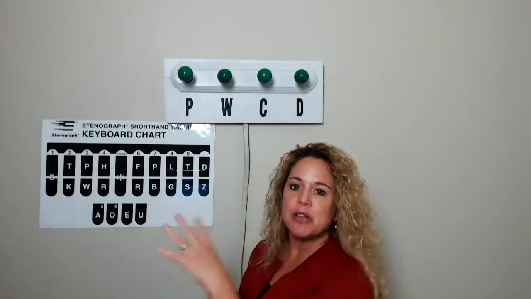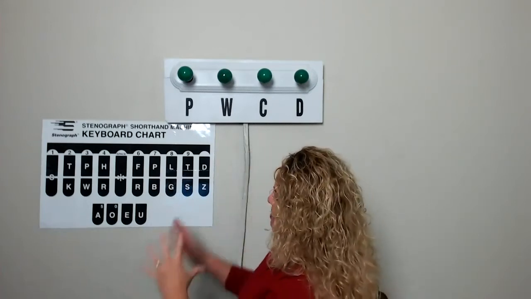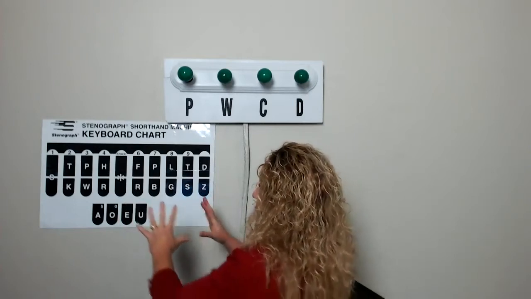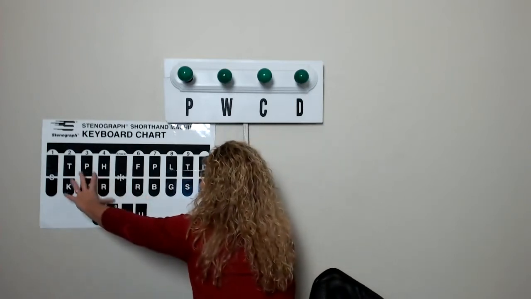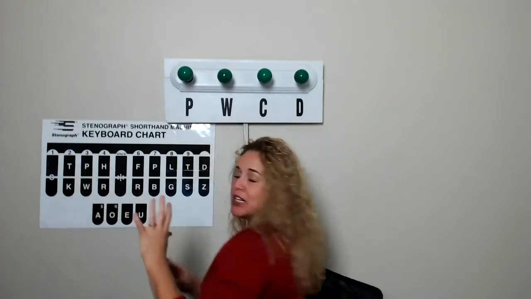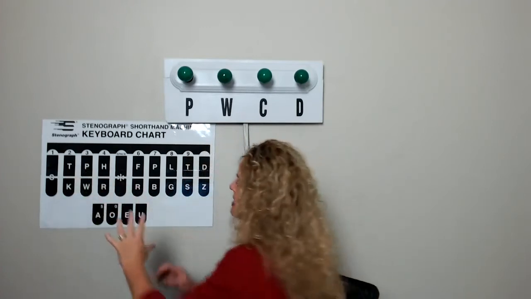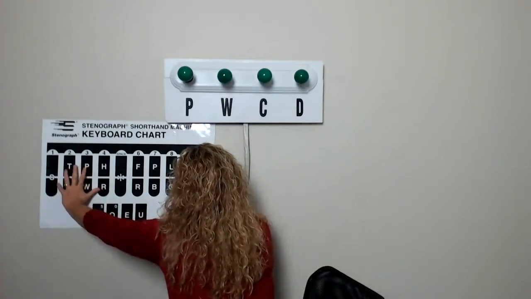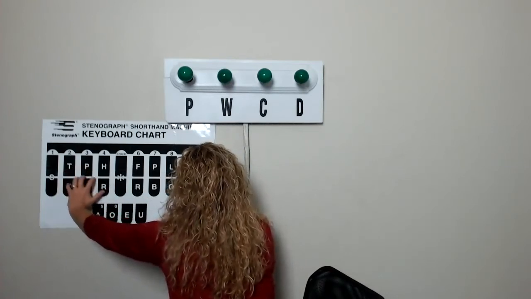Okay, so let's talk about our hand placements. First, let's start with just the initial side. Again, my keyboard chart is expanded, so it's a little bit difficult for me to show you because it is spread out. But what you want to do is have your hands fall right above the crack. You're going to feel that crack.